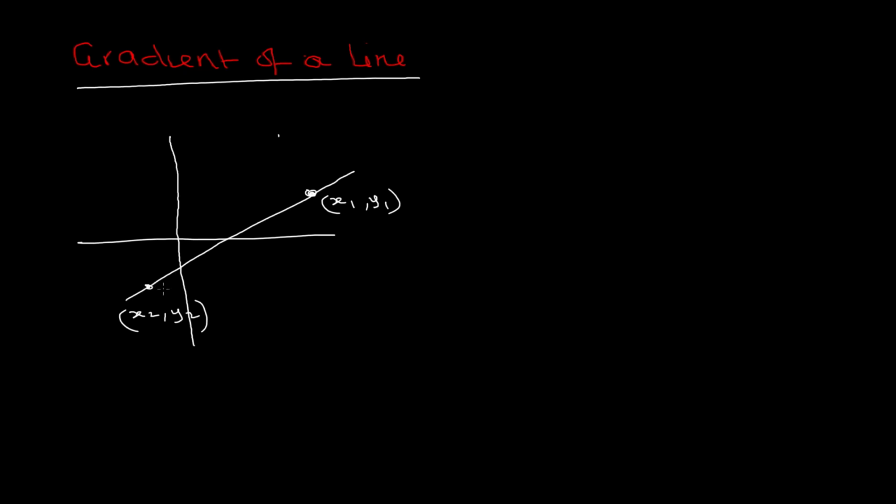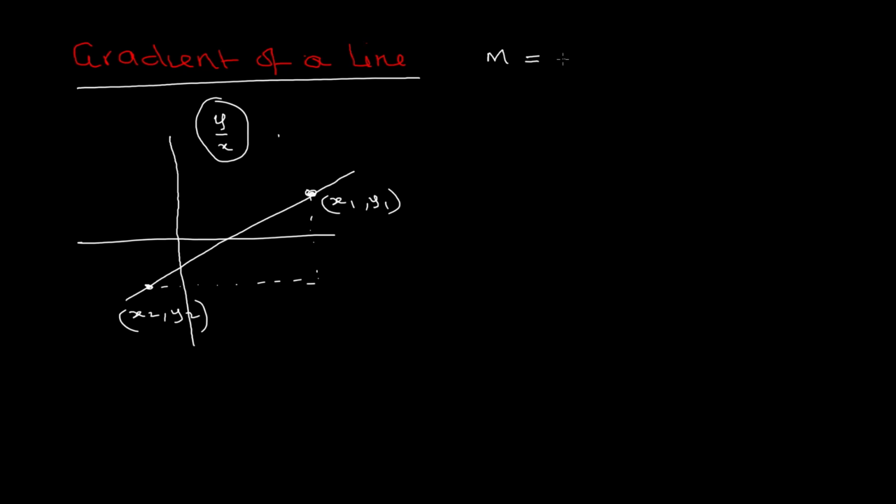So now another important concept is the gradient of the line. The gradient of the line is called m, and it's really just y over x. You need to think of it in terms of this: your displacement in the y-axis over the displacement in the x-axis will be your gradient.